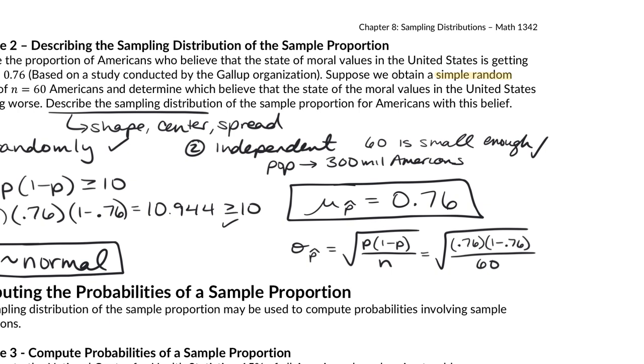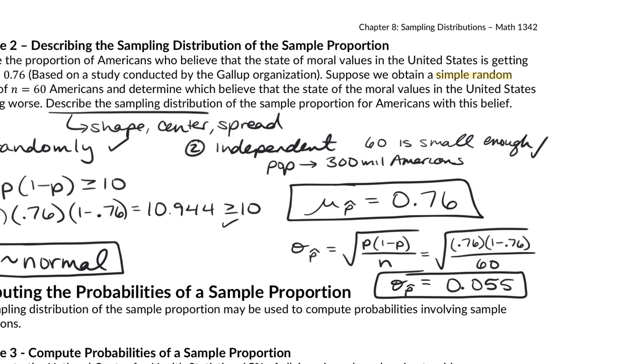So we throw that in a calculator: square root of 0.76 times 1 minus 0.76 all over 60. That's 0.055, to 3 decimals. And so we have our spread. This is sigma of p hat.